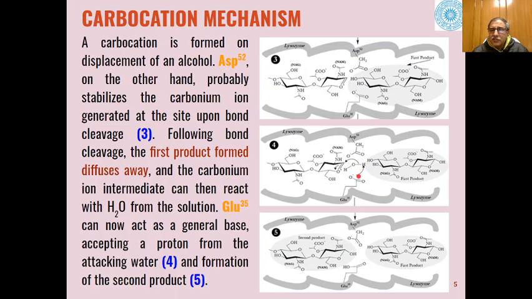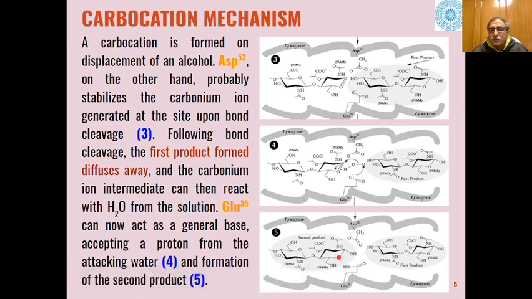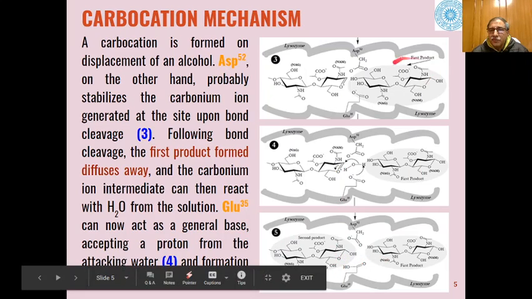The nucleophilicity of water will be increased by glutamic acid 35, and it will attack as hydroxide ion at this carbon, and we will get the second product. So this is how the second product is removed and the hydrolysis is completed.